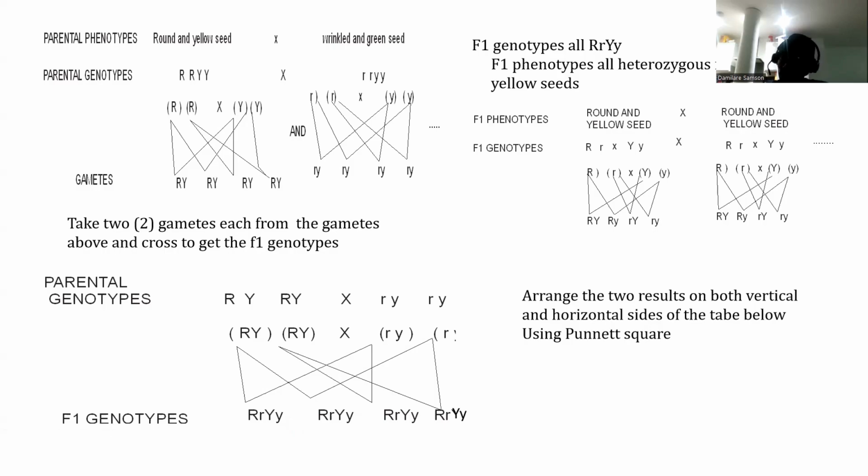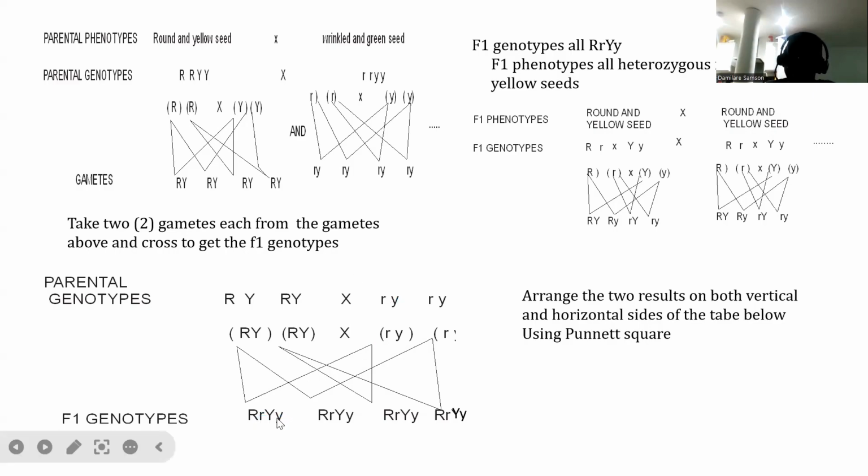And you always remember, Mendel will always tell you that you are crossing pure lines, and at the end of the whole thing, you will always have the F1 generation, which will always be what? Heterozygous condition, and everything will be the same thing. So from what you are looking at here now, remember, capital R is dominant over small r.